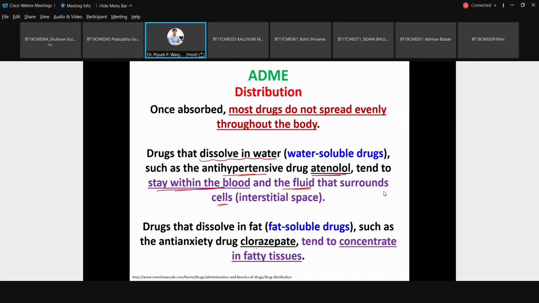Whereas there are other drugs, for anxiety for example flurazepam, which are fat soluble. They are not going to stay in the blood; they are going to concentrate more in the fatty tissues. So depending on whether a compound is hydrophilic or hydrophobic, it finds where it is going to spend more of its time, and then slowly moves towards binding the particular receptor.